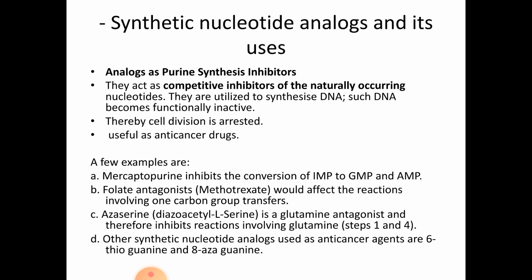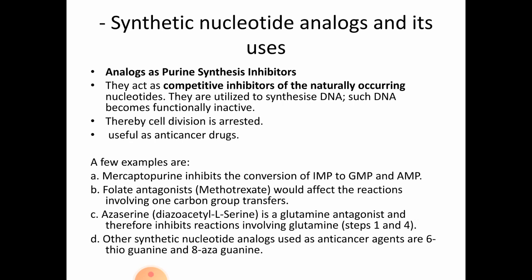Next question, synthetic nucleotide analogs and their uses. These are analogs, such as purine synthesis inhibitors. They act as competitive inhibitors of the naturally occurring nucleotides. They are utilized to synthesize DNA. Such DNA becomes functionally inactive and thereby cell division is arrested.